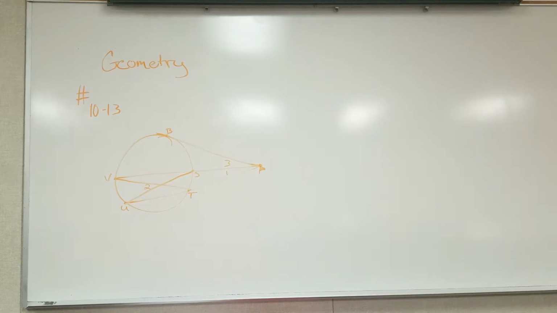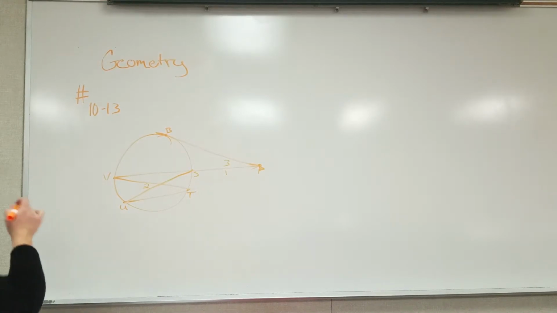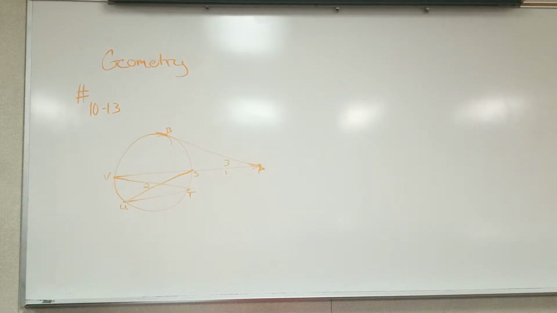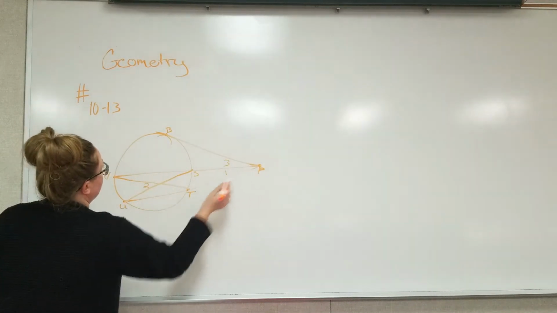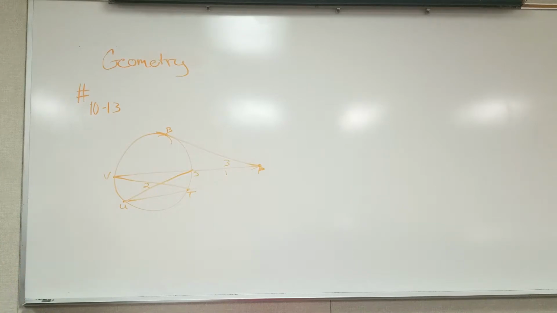All right, numbers 10 through 13 deal with secants, which are lines that go through the circle at 2 points and extend outside, as in VU here, and UT, and tangents intersecting outside the circle. So these are actually pretty simple.